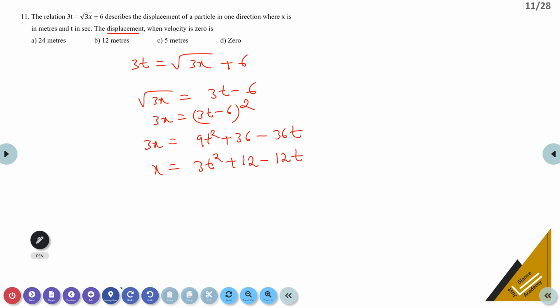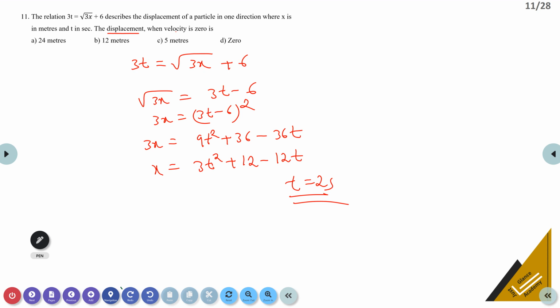Yes, you just differentiate. You are getting t equals 2 seconds here, because when you differentiate, you find at what time the velocity becomes 0. Now t equals 2.